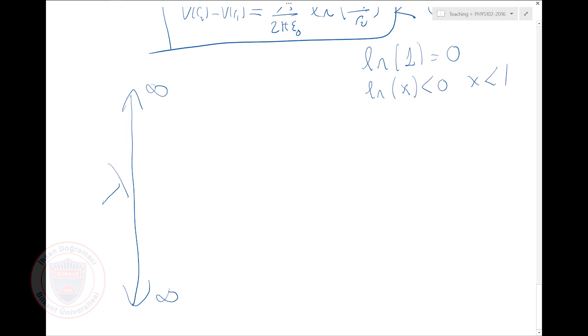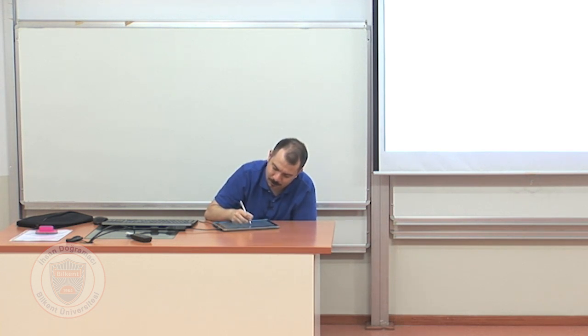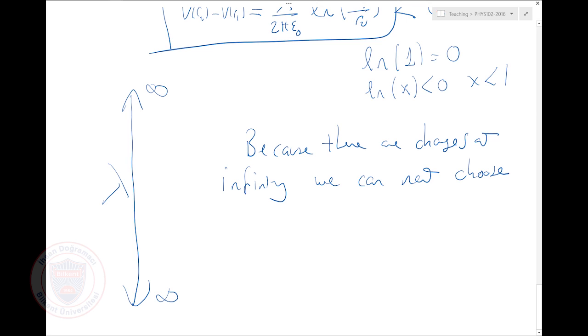And if I put charges at infinity, I cannot be sure that the potential at infinity is 0. So because there are charges at infinity, we cannot choose V at infinity to be 0.